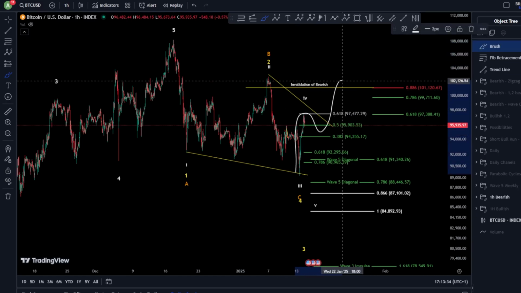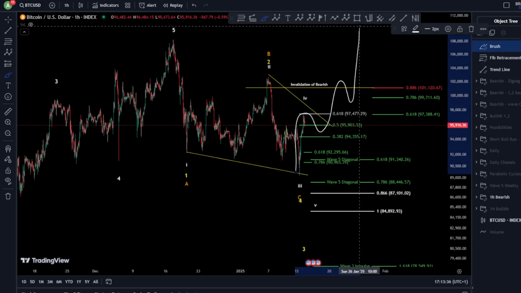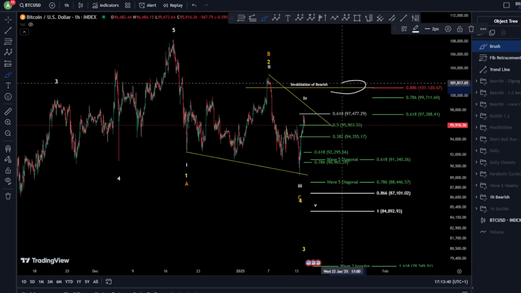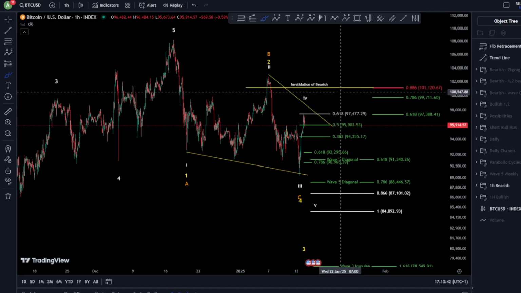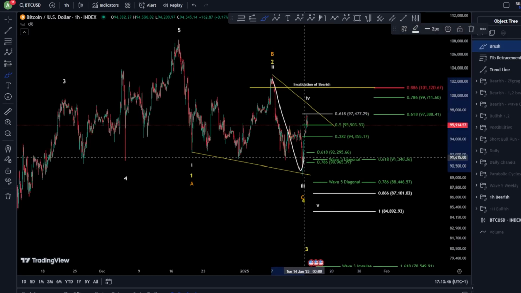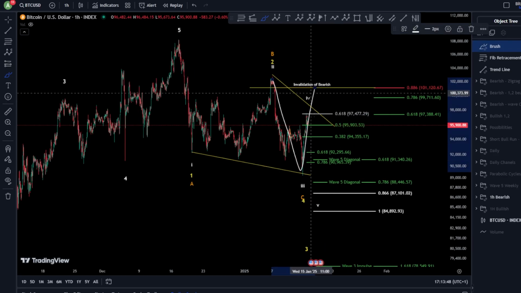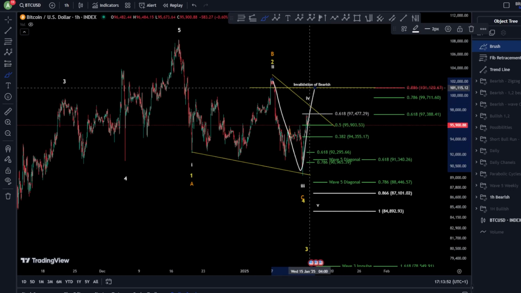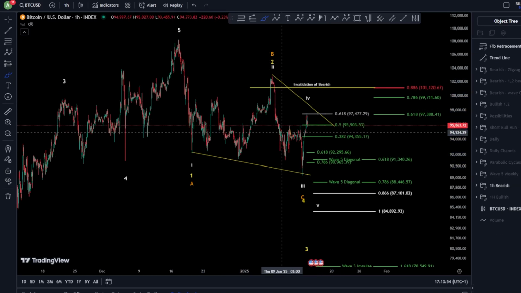It can be another retracement and then continuation toward the upside. However, it invalidates any bearish scenario, because your 1, 2 here might be invalidated, and therefore there is no bearish scenario anymore.